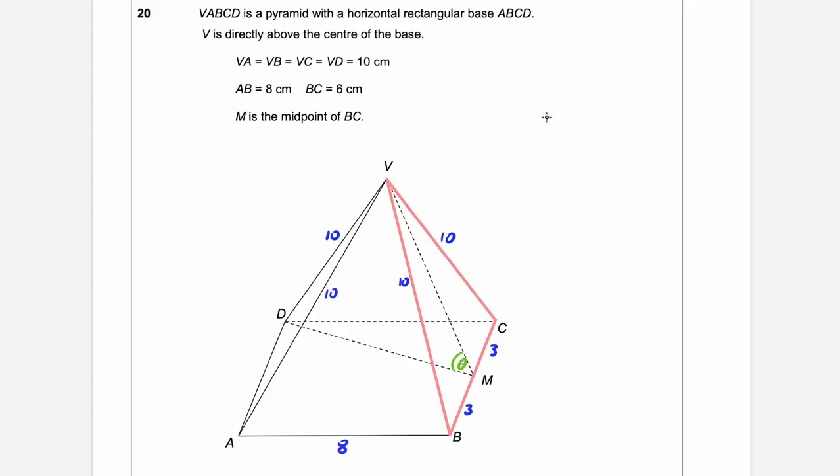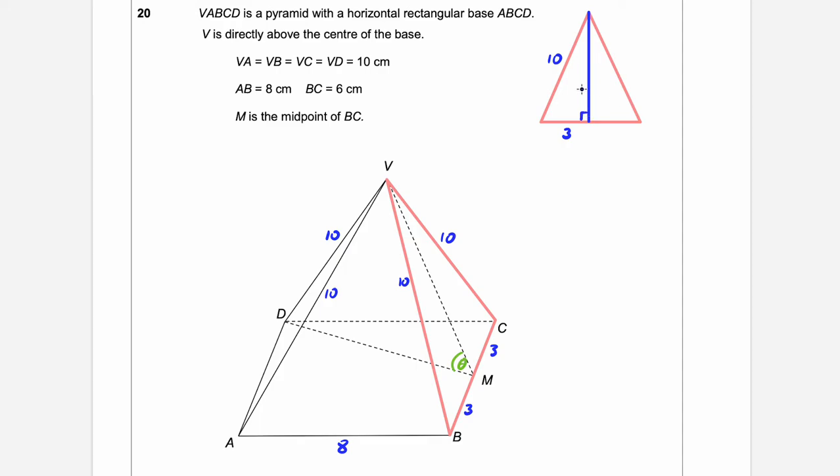It would look like this, an isosceles triangle with V up at the top, where these are 10, this is 10, this is 10, and this is 3, this is 3. So if I draw a line straight down the middle, this is 3, and this is 10, and this is a right angle.